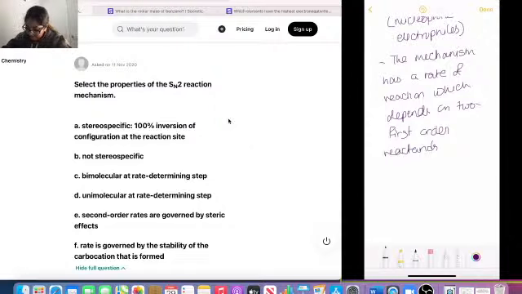right? And so basically your second order reaction is governed by the steric effects. Okay, so we can say that the second order reactions is basically influenced by steric effects.